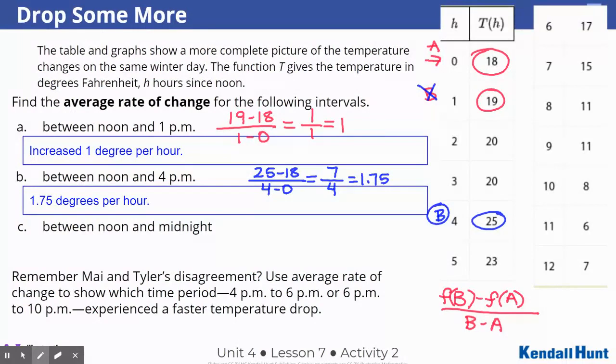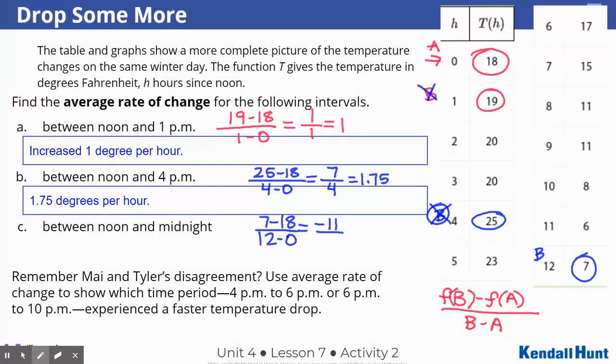What about noon and midnight? So we would change our point B from 4 to be at midnight over here at 12. And so now we would have 7 minus 18 divided by 12 minus 0. Okay, 7 minus 18 is negative 11.